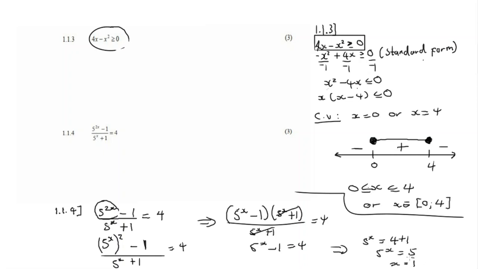I just drop my exponent, so x is equal to 1 for this equation. So yeah, now we are going to 1.1.5. Okay, oh no, it's actually 1.2. So in 1.2, we are given a simultaneous equation where we solve for x and y.